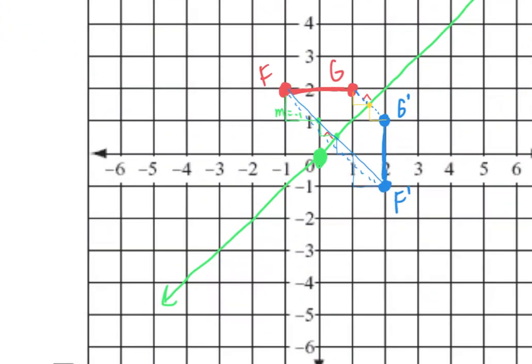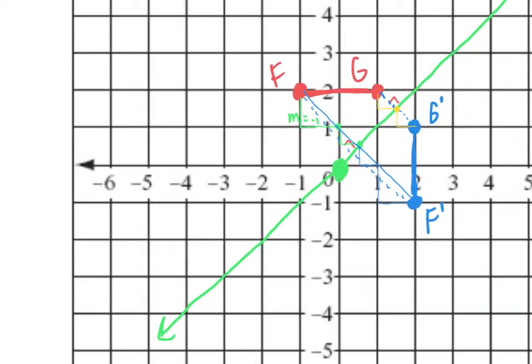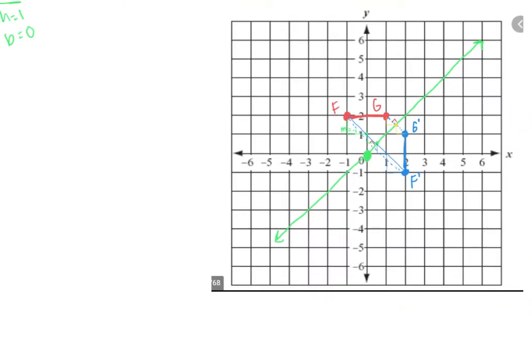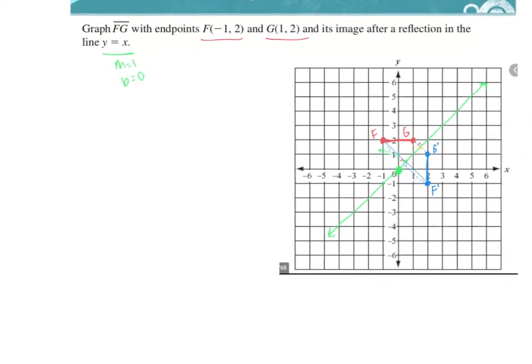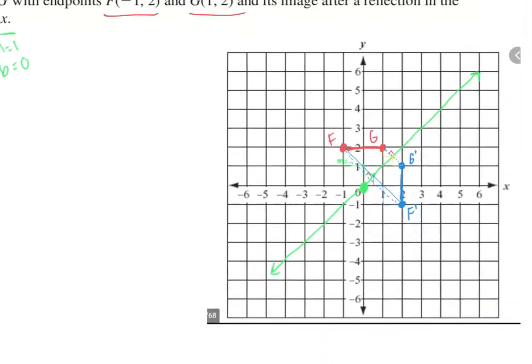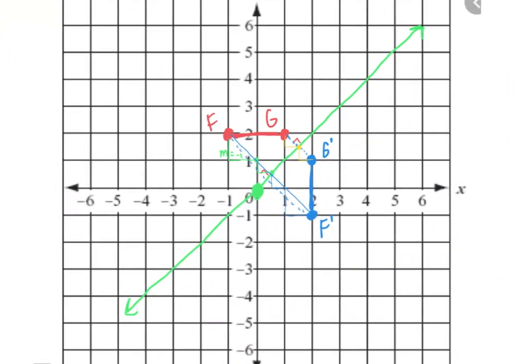Okay? Now, this seems a little complicated. There is a much easier way that you're about to learn, but I like if we can understand it conceptually, then when we learn the trick, it makes more sense later on.